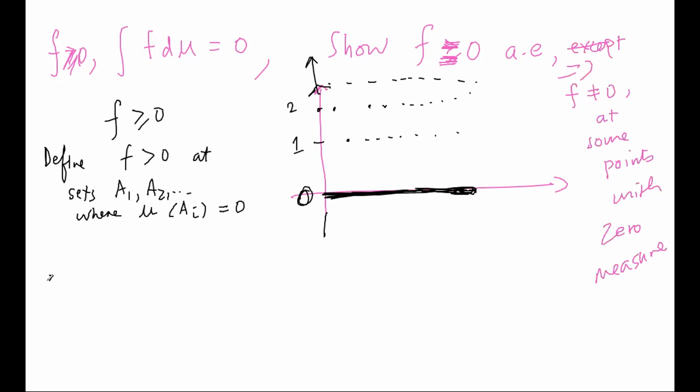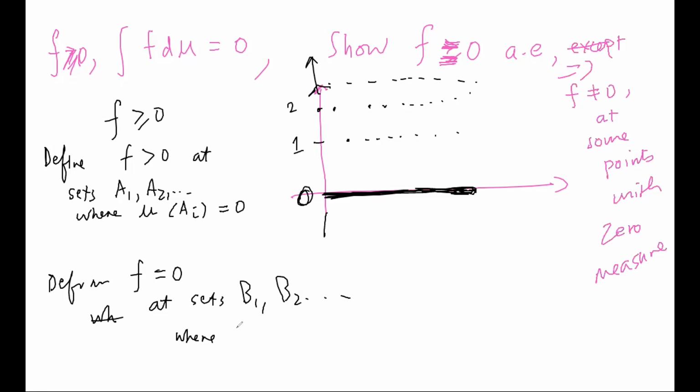And then you define f equals 0 at sets B1, B2, and so on, where mu of Bi is greater than 0. Okay? So this corresponds to this kind of situation, right?